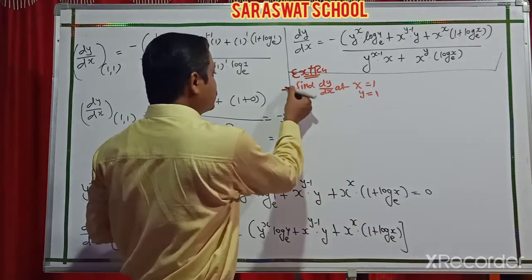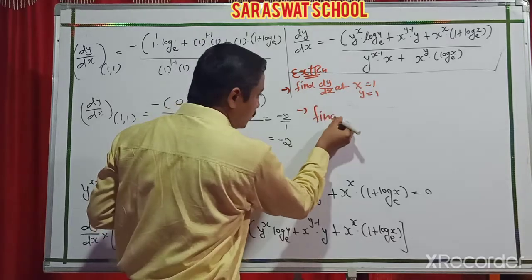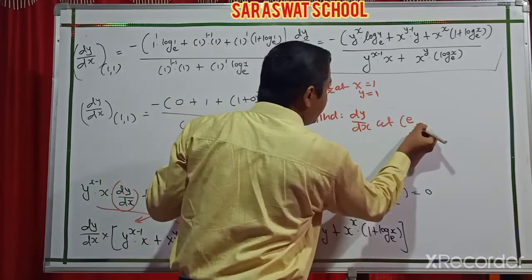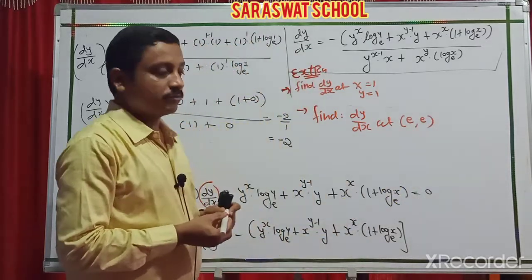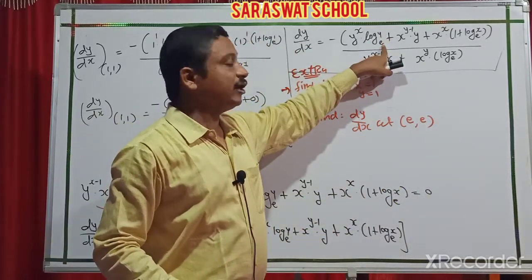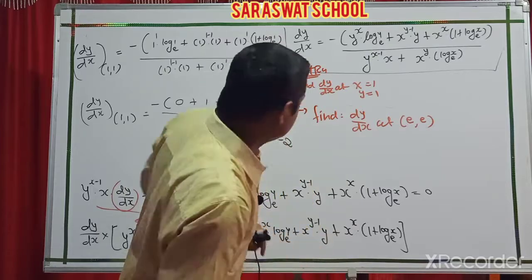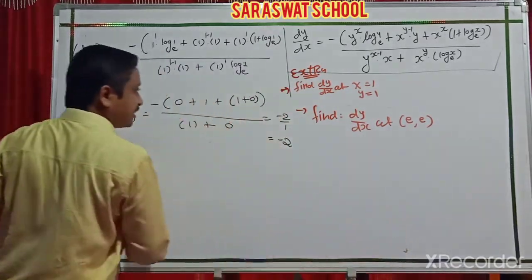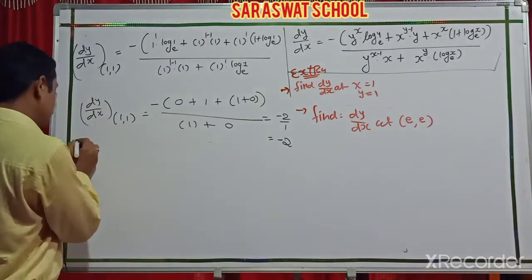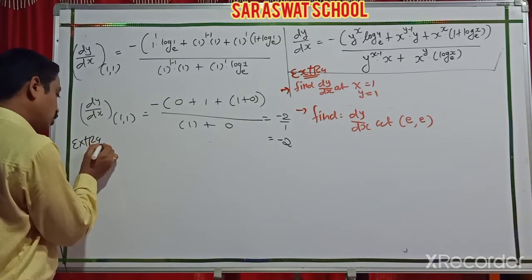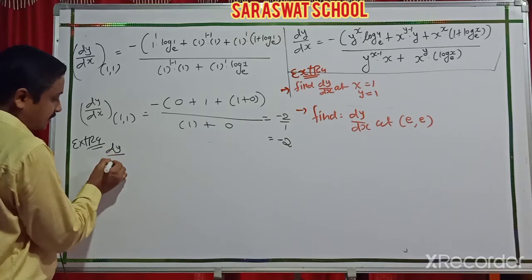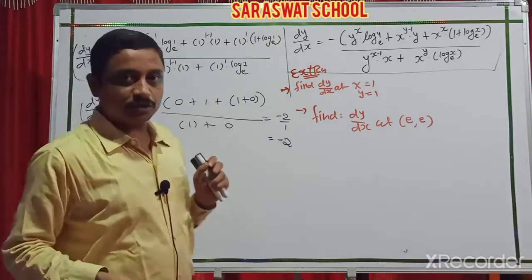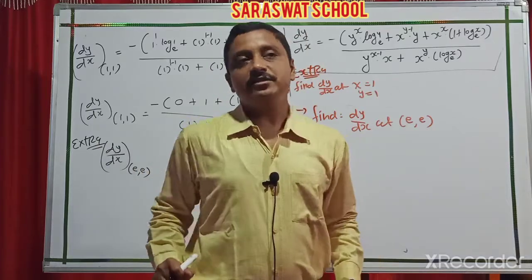Sometimes in the exam, students are asked for a different value, to find dy by dx at (e, e). Here, applying e comma e, log e base e is also 1. So I will give one more explanation at the extra level. Write all this down in your notebook. Dy by dx at (e, e) means x is e and y is e.